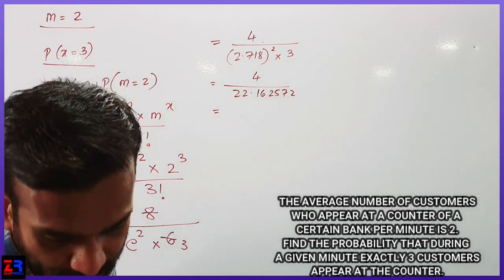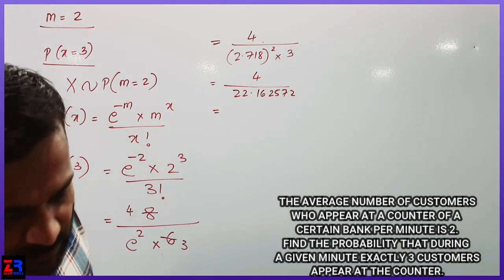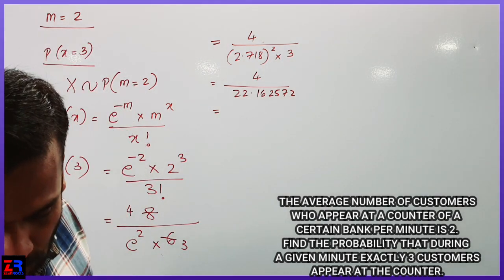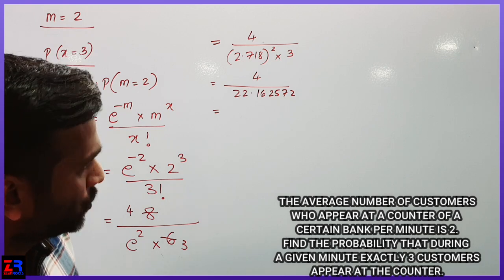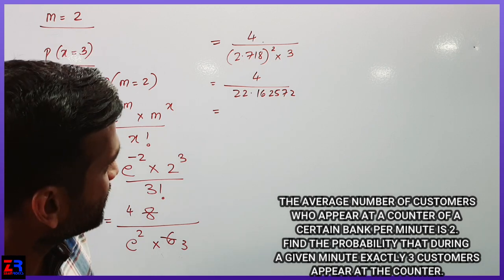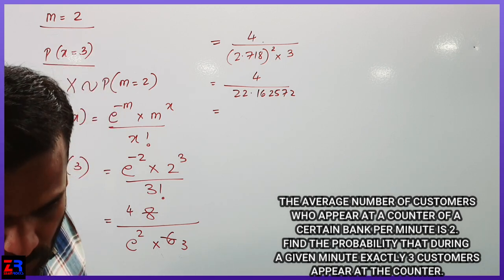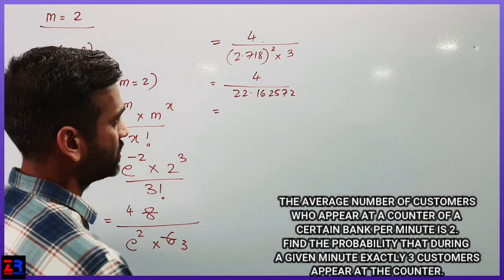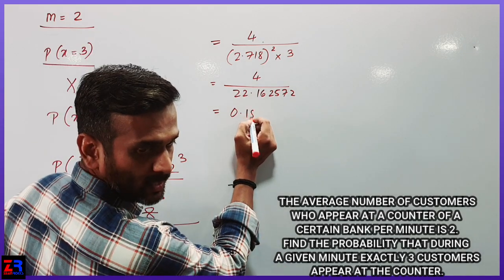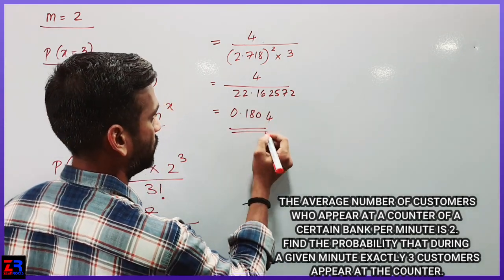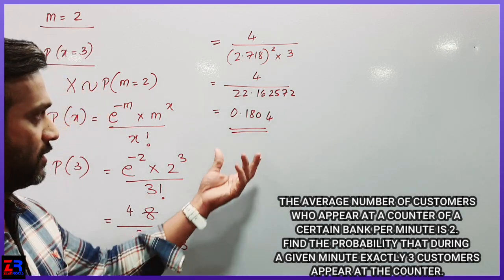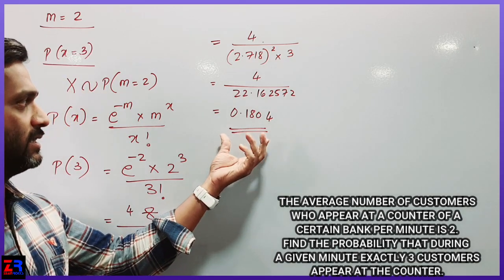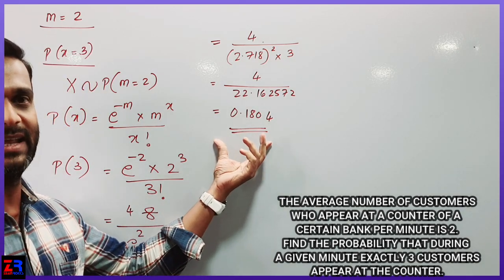You divide 4 by 22.162572. Your answer is 0.1804. So your probability of 3 customers appearing at the counter is 0.18, that is 18%.